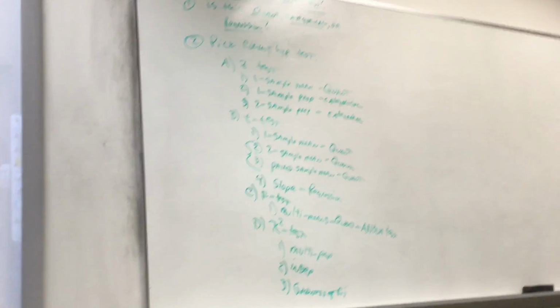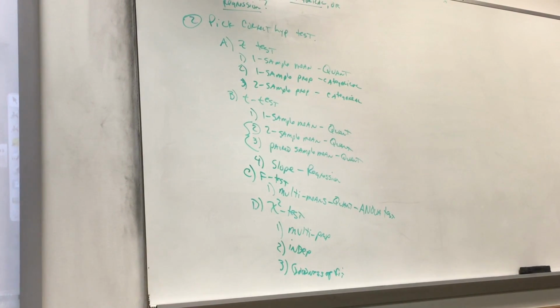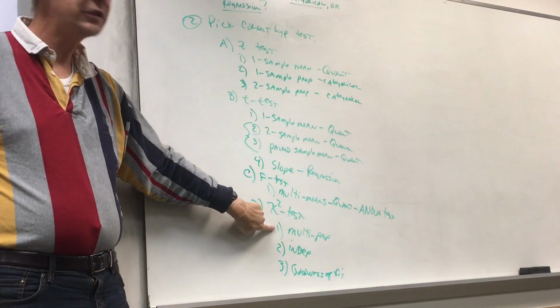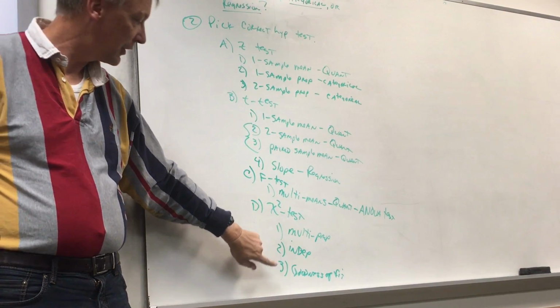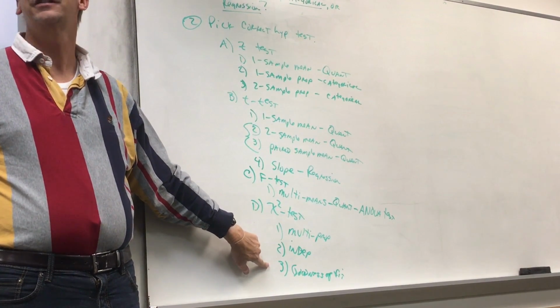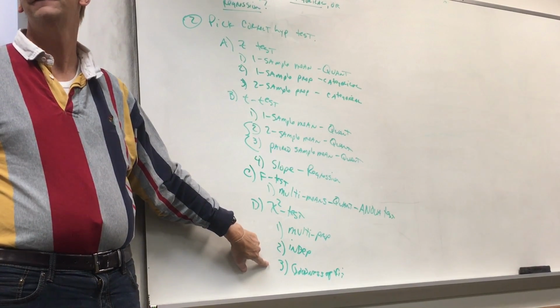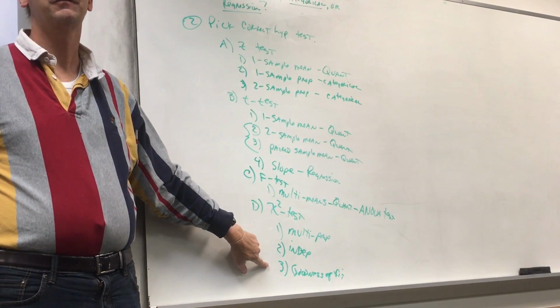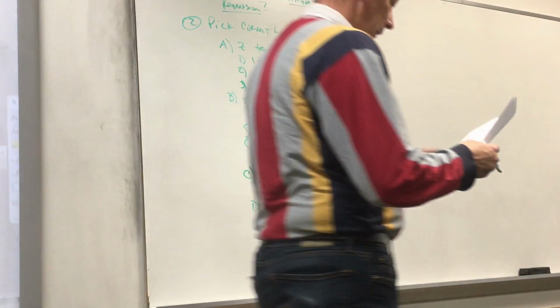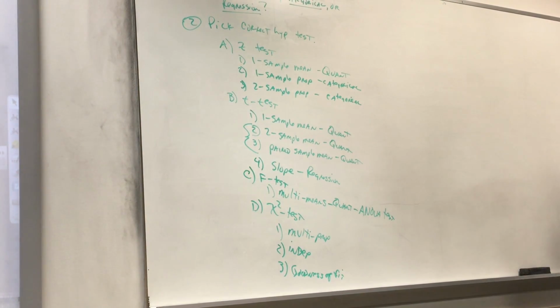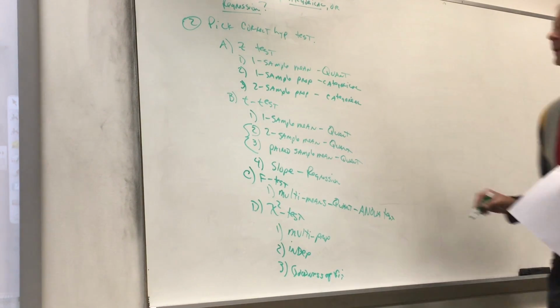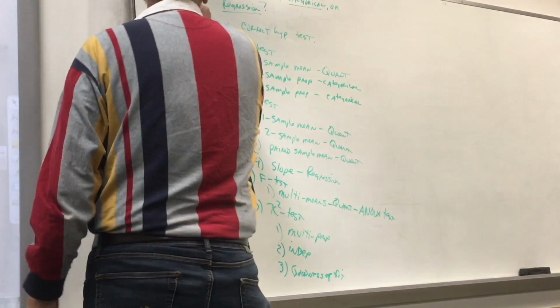I'm sorry, I'm writing so low on the board. I know you in the back can't see that. So multiple proportions, independence, or goodness of fit test. Okay? Get that? All right. Let me kind of box this in here.